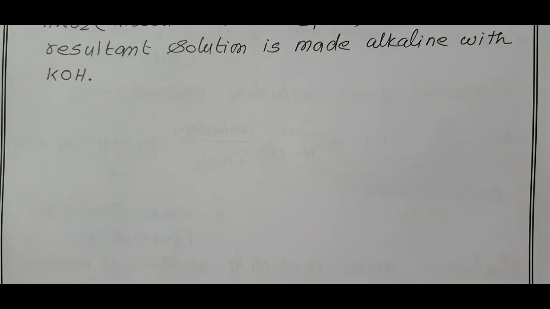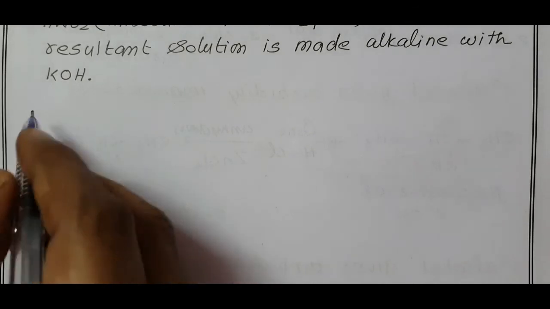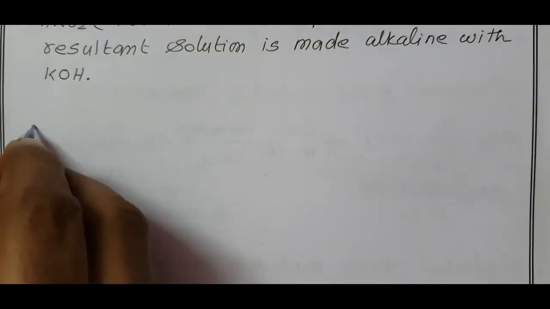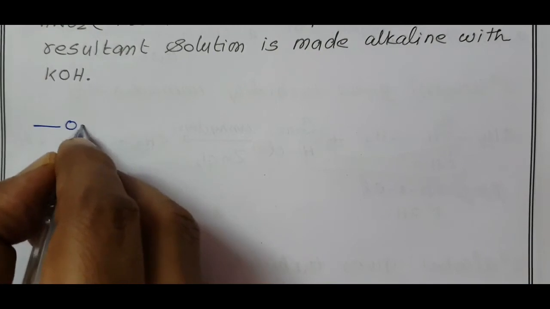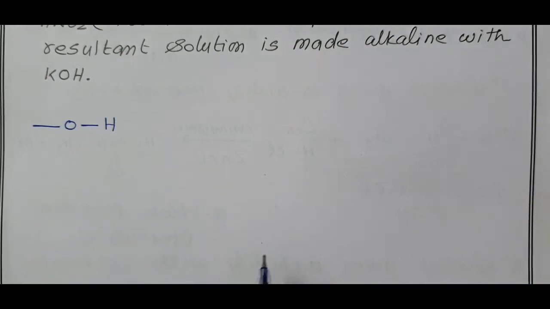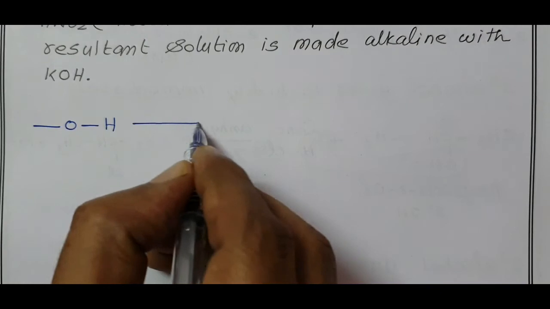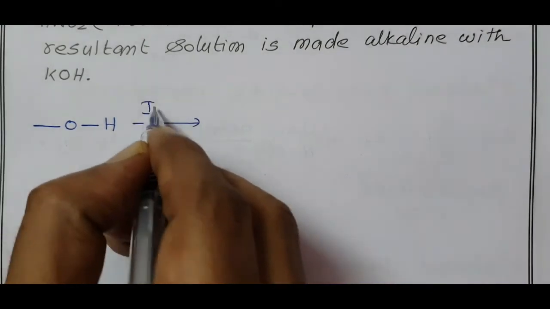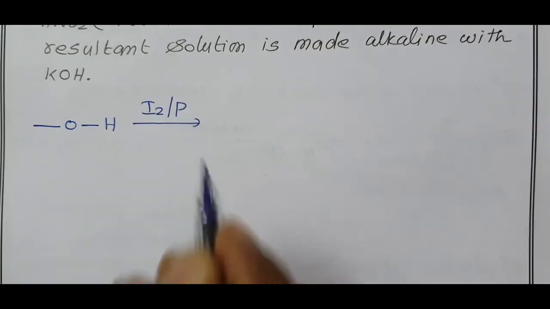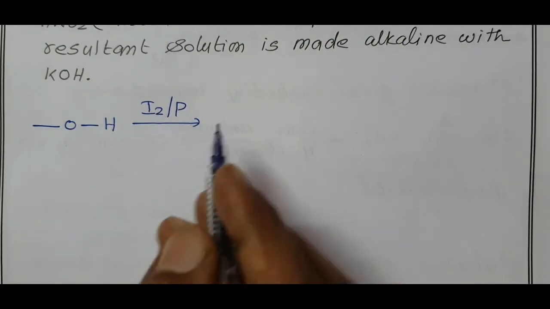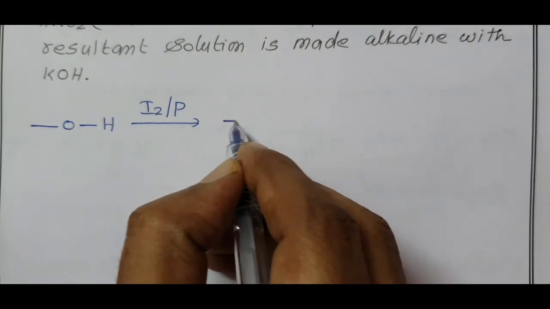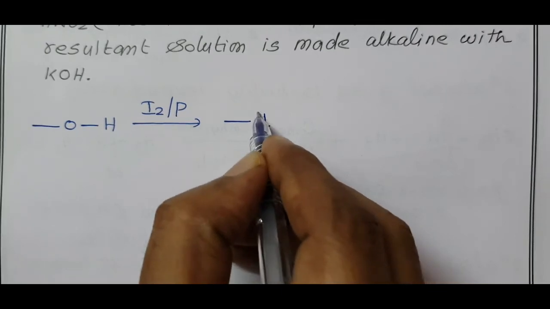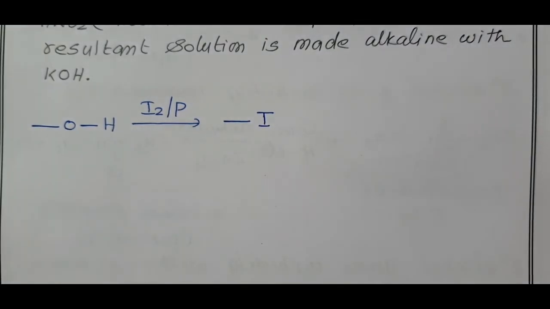First, I would like to explain the common reactions in the Victor Meyer test, how the reagents react. Simply, alcohols, primary, secondary and tertiary, in the first step, when treated with I2 and phosphorus, the OH minus ion is replaced by I minus ion, giving alkyl iodide.